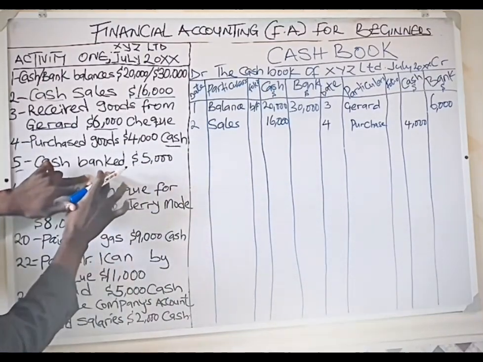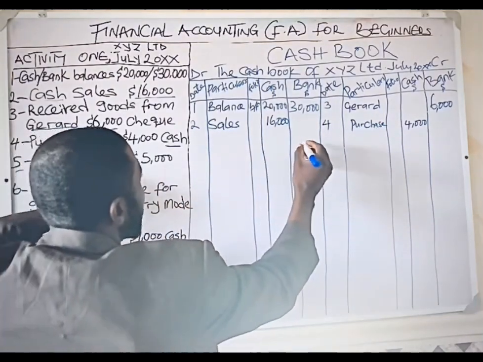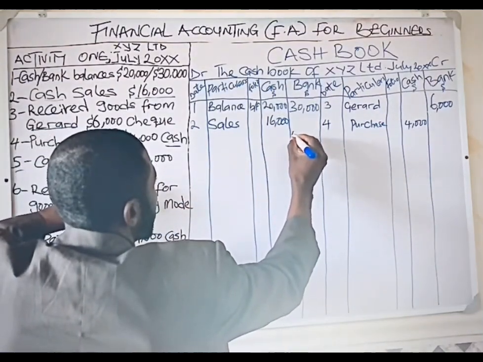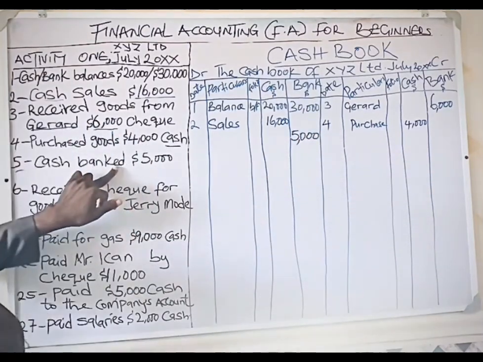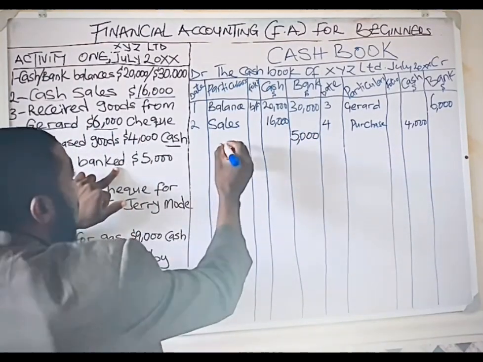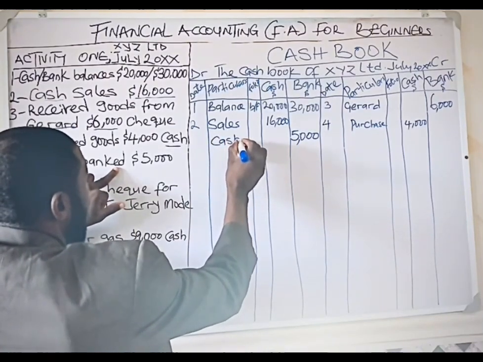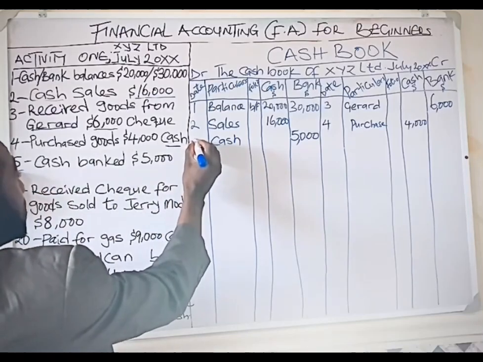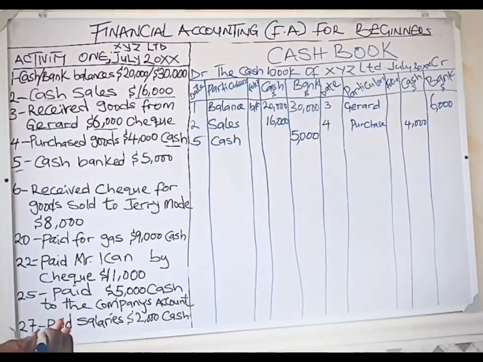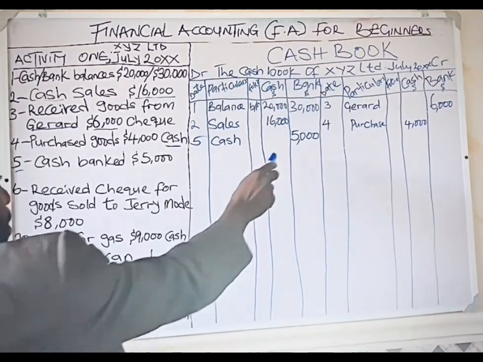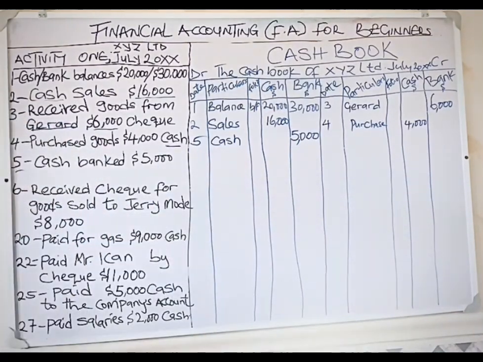So since bank is receiving, bank is at the debit side. Bank is receiving $5,000 through cash. I hope you are getting it. Through cash on the 5th of July. Bank is receiving cash $5,000 on the 5th of July.